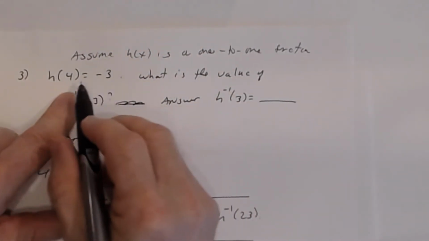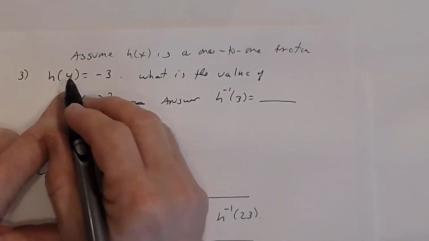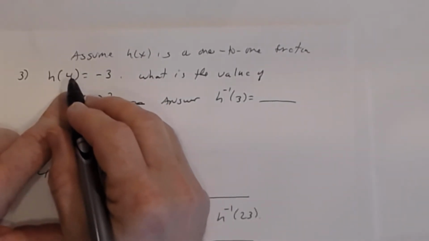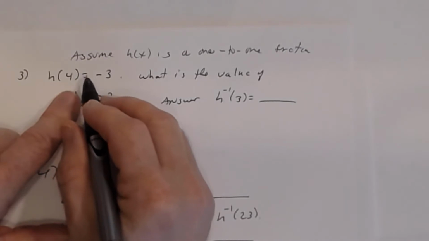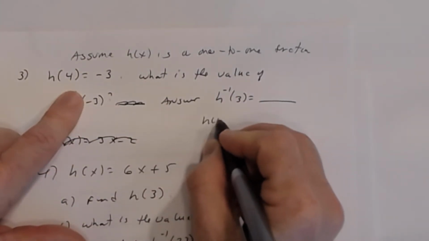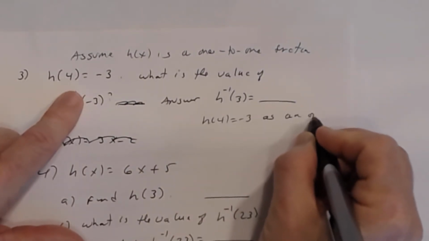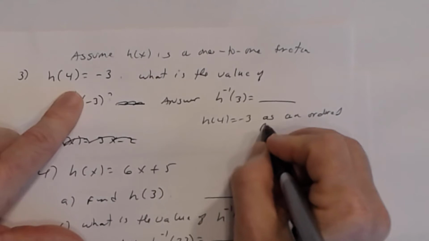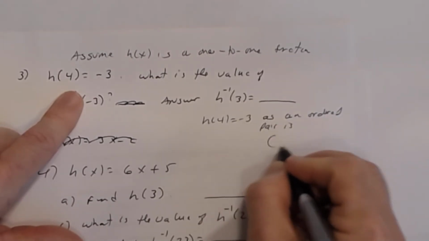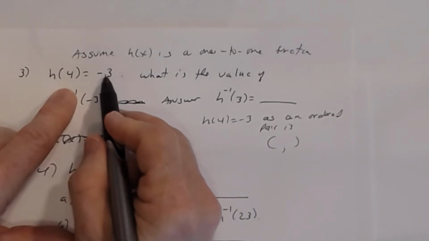On a previous worksheet, I don't know which one it was, you were given this and asked to write h of 4 equals -3 as an ordered pair. Remember, when x is 4, my y value is -3.